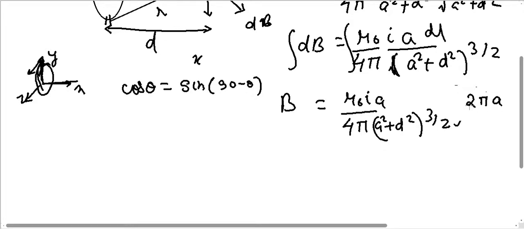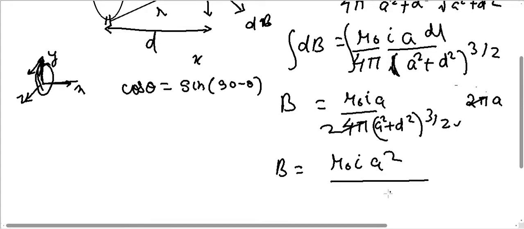Again 2 pi will get cancelled by 4, and my final answer will be B is equal to mu naught I a squared by 2 times a squared plus d squared to the power 3 by 2.